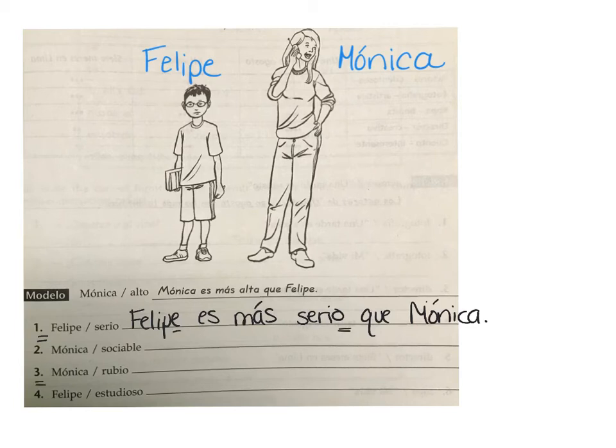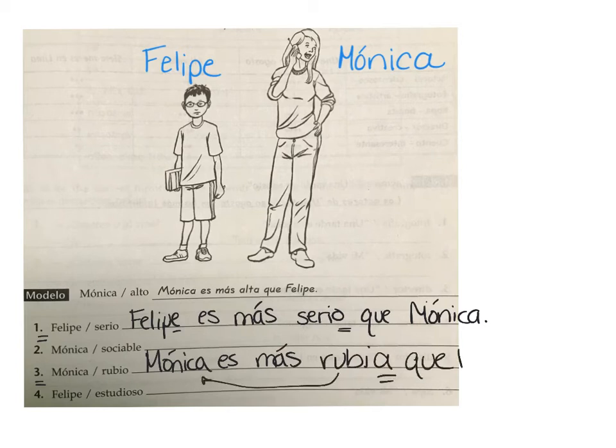Whereas in numero tres, if we want to say Monica is blonder than Felipe, kind of a strange statement, we would say Monica es más rubia. Again, just making sure that our adjective agrees with the person we're describing. Okay, and I think you get the point. We don't need to do the others, but if you have any questions or something here doesn't make sense, obviously you can post to the discussion board.